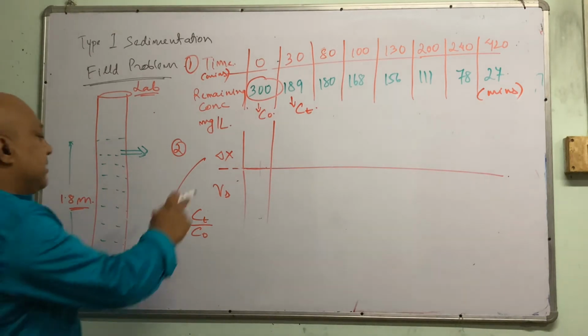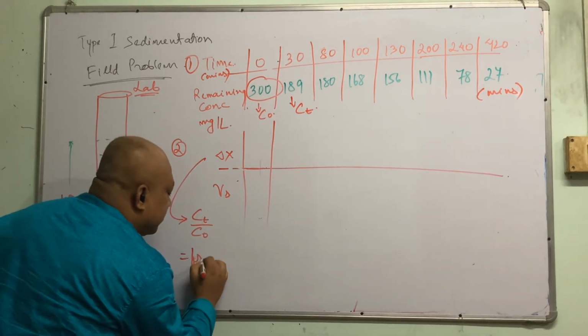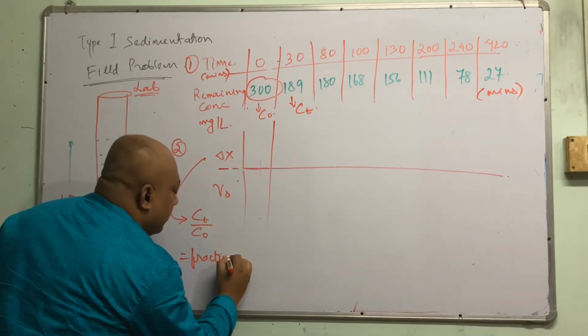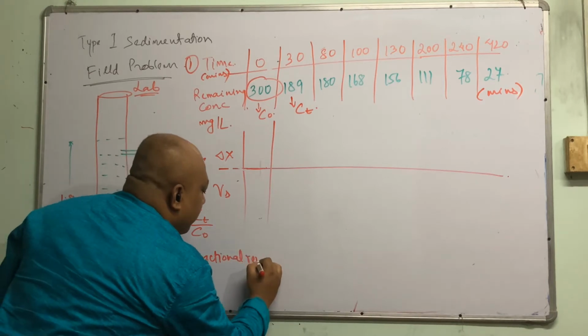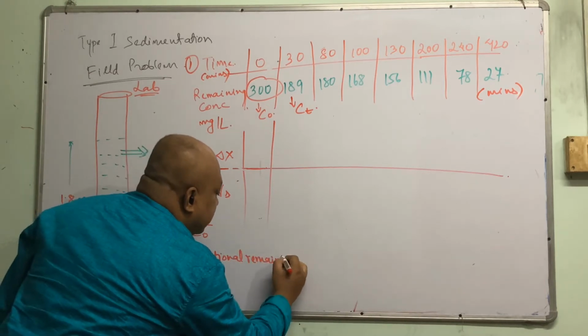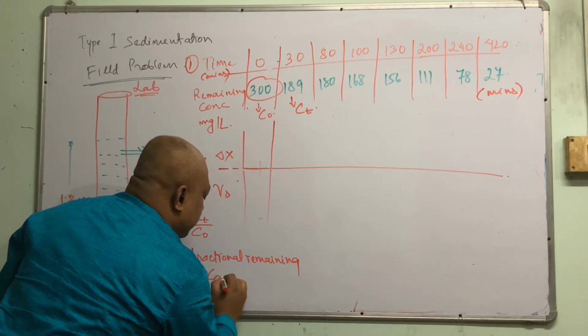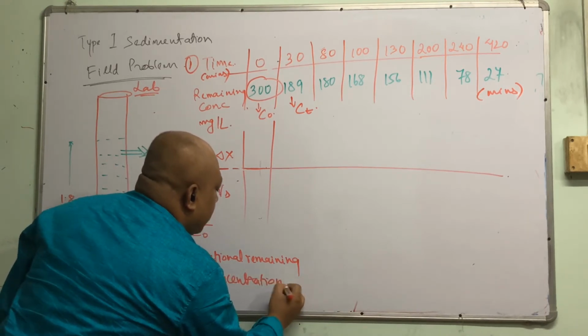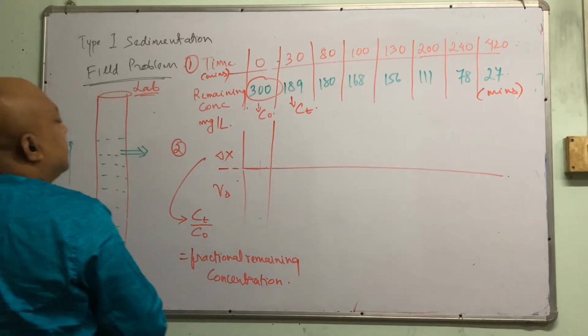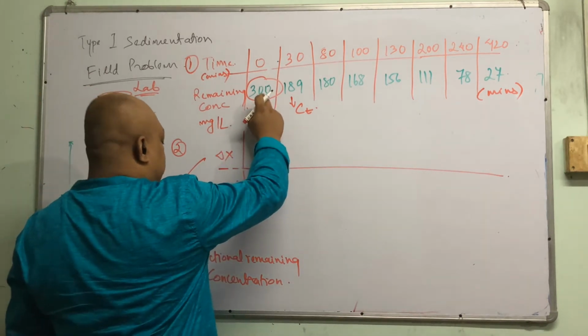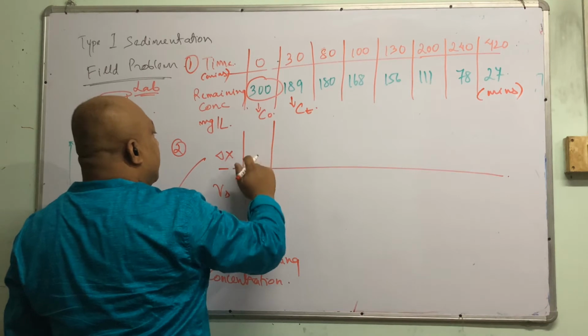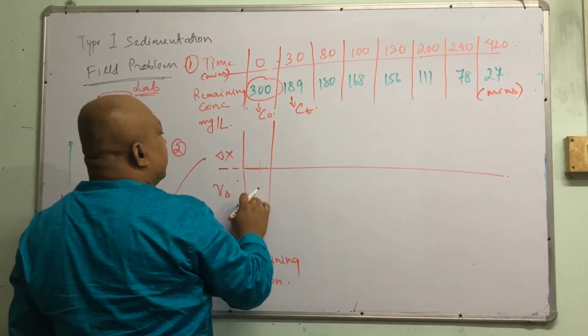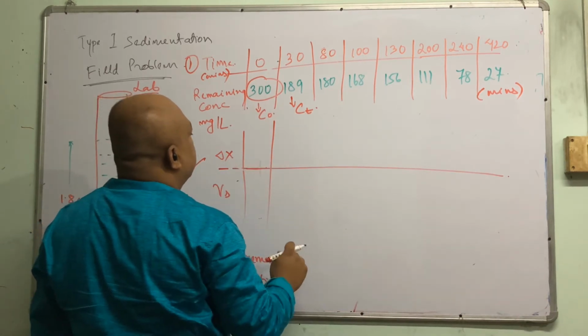So this del x is also called fractional concentration remaining. Remaining means it is lying in the water. So here this is 300 by 300. At settling velocity, nothing is there, so you don't have to worry about this.